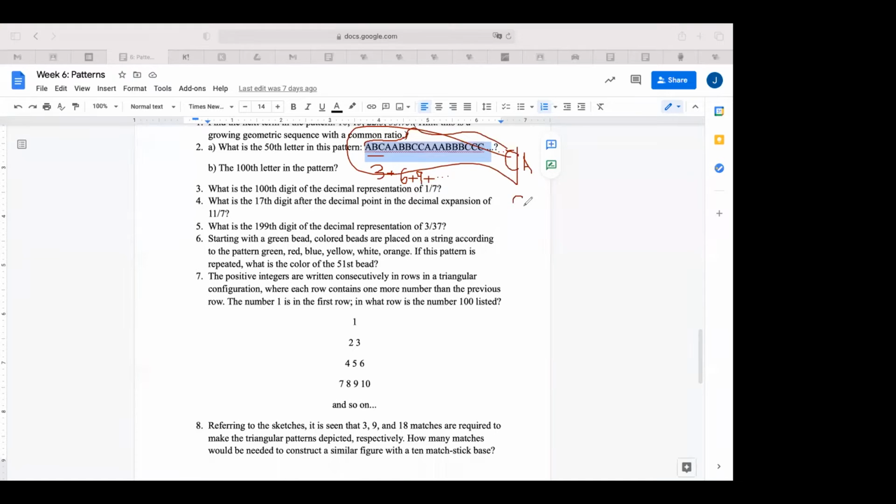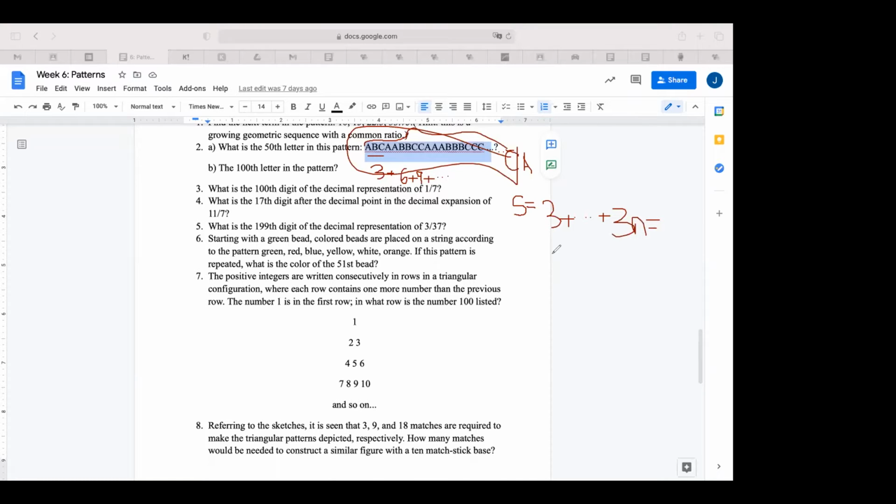Then the sum of the series of this pattern would be 3 plus all the way to 3n.